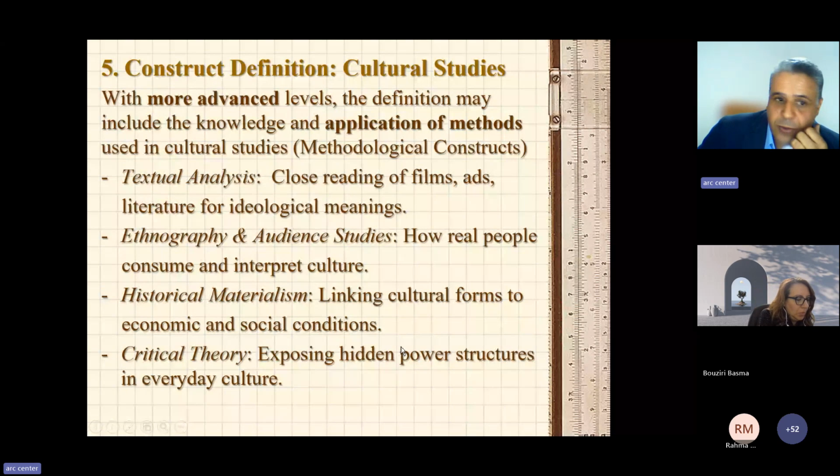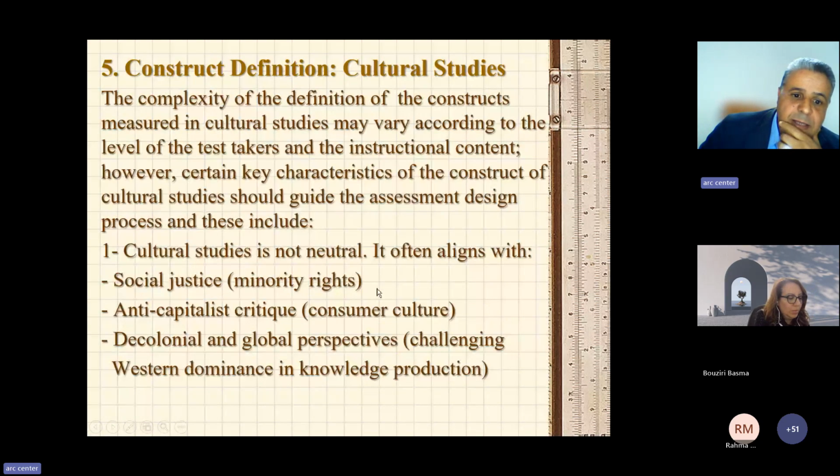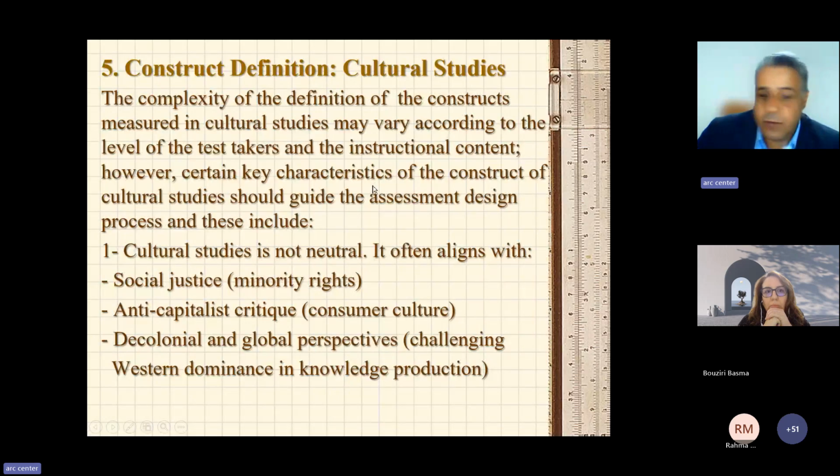That's very important. We should also focus on the fact that the constructs in cultural studies vary. When we talk about cultural studies, it's not neutral. It aligns with, for example, social justice, decolonial versus global perspectives. So you're talking about various perspectives here.